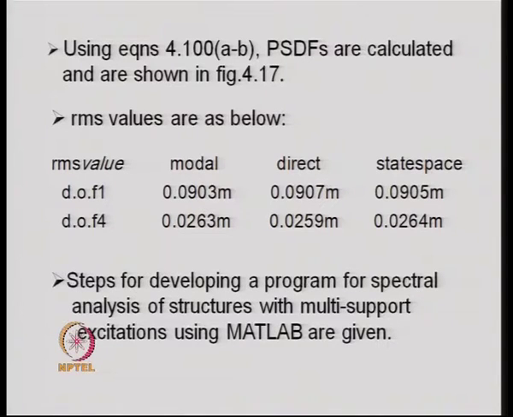And then using the formulation that we just described, we obtained the RMS value of degree of freedom 1, that is, the top floor displacement, and degree of freedom 4, that is, the first floor displacement. We obtained this by 3 methods: this one is the modal spectral analysis that we just described before; this is the direct analysis, in which we do not use the mode superposition technique but take the entire K, M and C matrices to obtain the responses; and this is the state space solution that we just described.